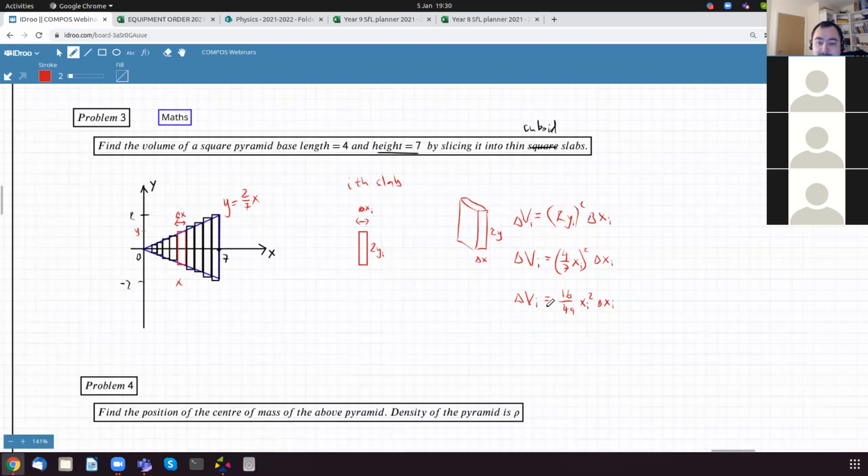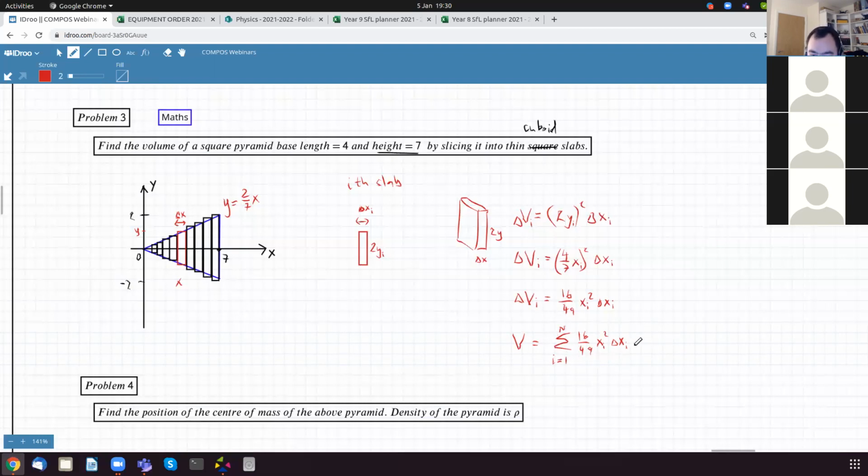This is the volume of the ith slab, and the total volume is the sum of those slabs: the sum of 16/49 xi squared delta xi, i from 1 to n. But remember, the smaller the slabs, the closer we are to the true volume. The smaller the slabs, the closer we are to the real volume.